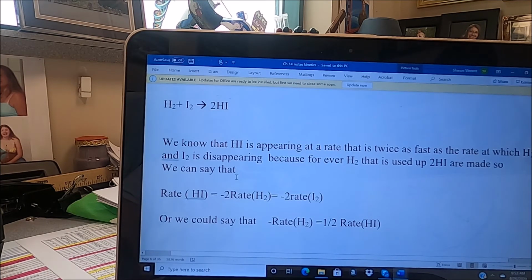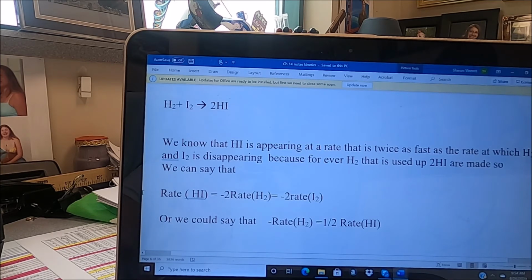Now, if I look at this, for every hydrogen that we react, we're going to get two hydrogen iodides. So that means the rate at which hydrogen is disappearing is different from the rate at which hydrogen iodide is appearing. Hydrogen iodide is appearing twice as fast as hydrogen is disappearing.